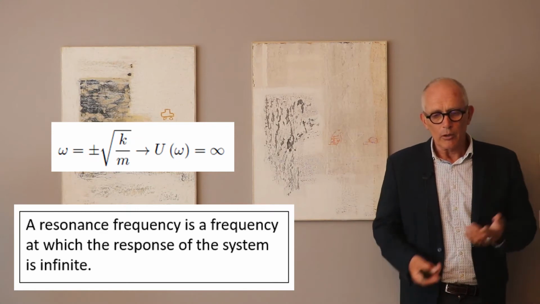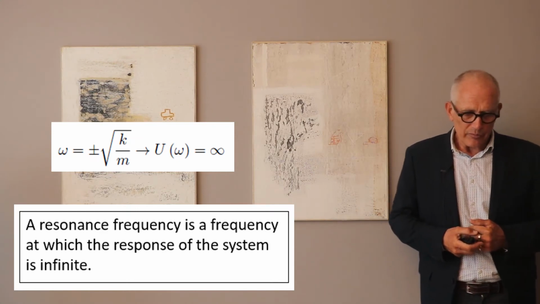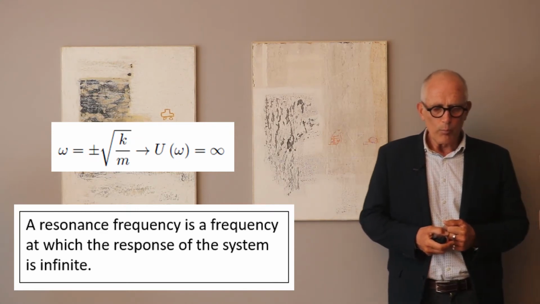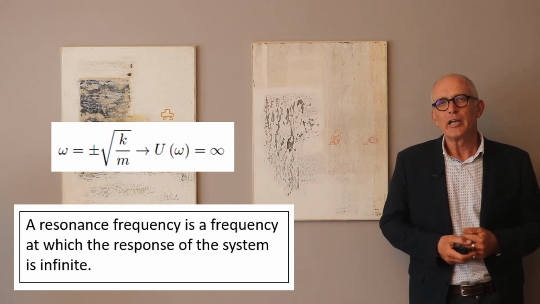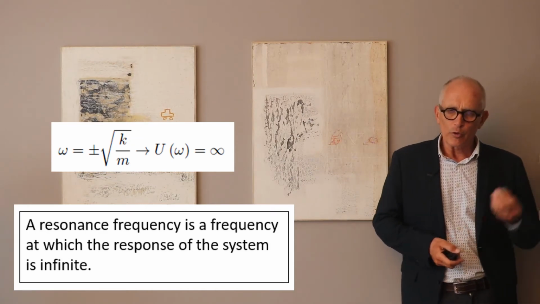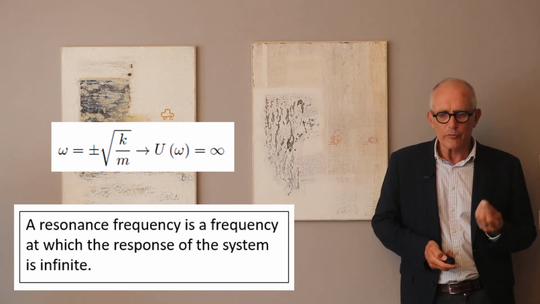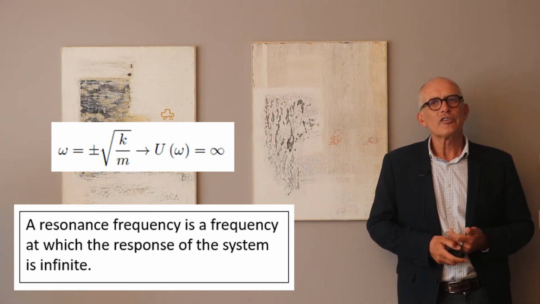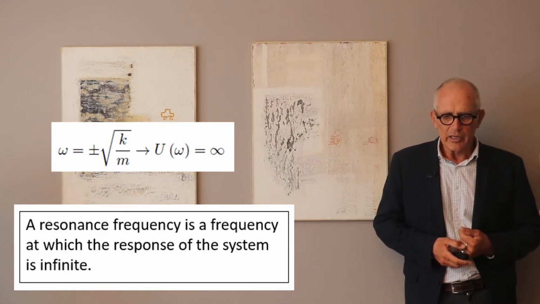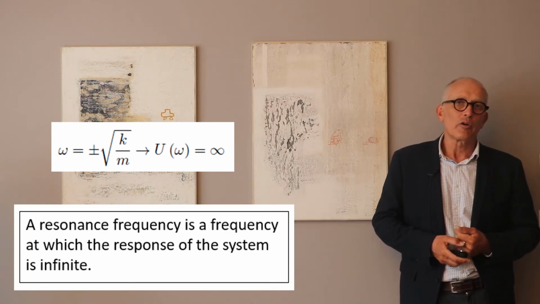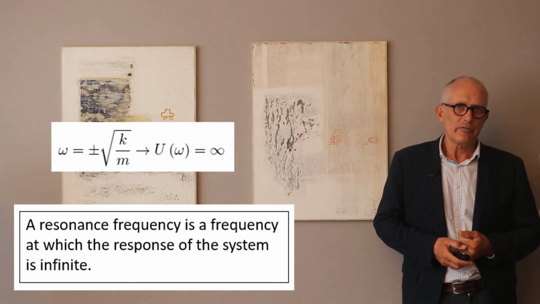There is just a phase difference between the two motions, 180 degree phase difference. So we have a first definition of resonance frequencies, which is that a resonance frequency is a frequency at which the response of the system is infinite.